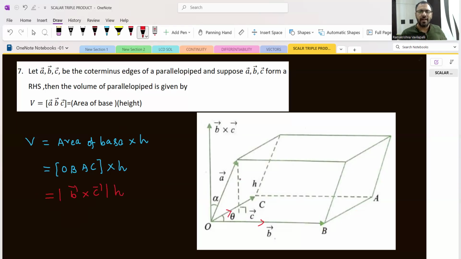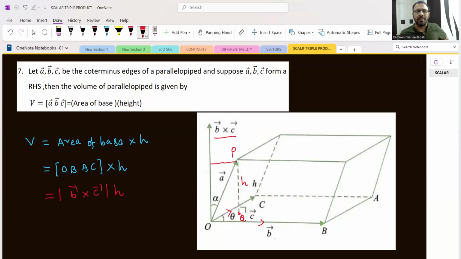Now we want to find out this height. Assume this is P and this point is Q. Now this is the B bar cross C bar vector that is perpendicular to B bar and C bar.